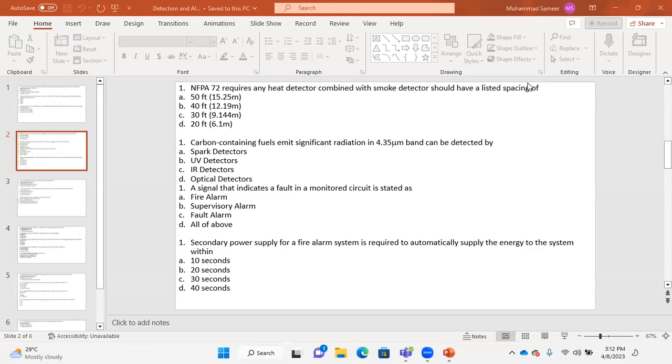Significant radiation in 4.35 micrometer band. So we have discussed the radiations of ultraviolet and infrared bandwidth radiations, right? In which we discussed that the ultraviolet radiation is 0.10 to 0.35 micrometers, and infrared radiations we discussed were for 0.76 to 220 micrometers. So 4.35 micrometer comes in the bandwidth of infrared radiations. So it means any carbon containing fuel that emits significant radiation in 4.35 micrometer can be detected by IR detectors. Option C is the right answer.